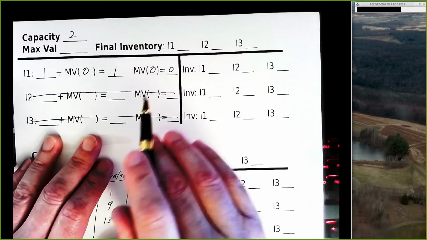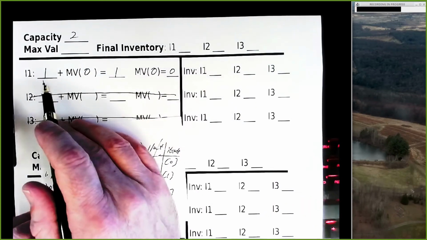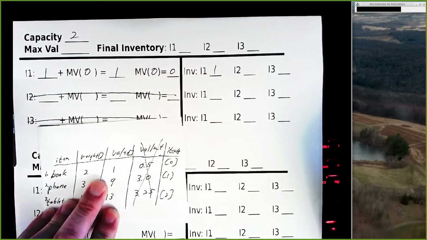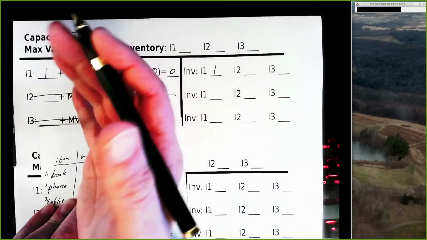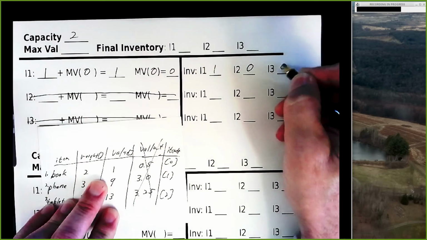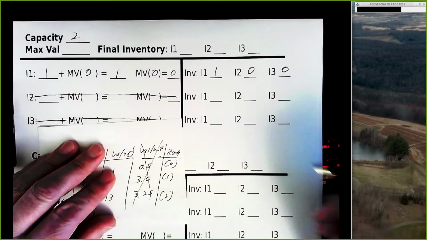All right, I'm going to record the inventory at this point. This was the inventory we got by putting in one of item 1. So item 1, we have one of those. And we didn't put in anything to solve max val of 0. That was a base case, so we don't have anything for item 2, item 3. And now we've got the complete solution to max val of 2.